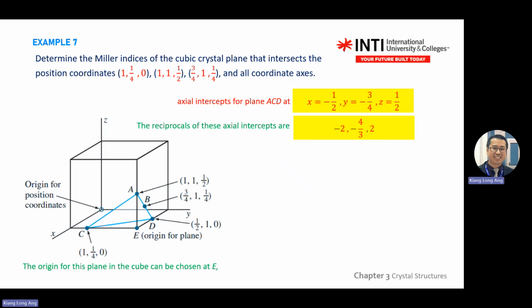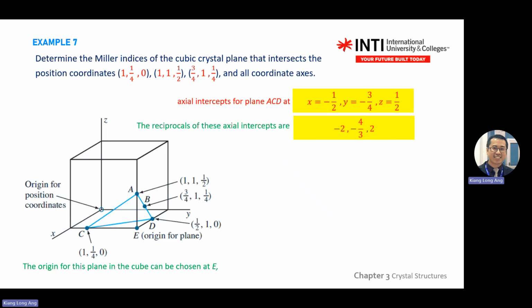So you move your origin to one corner. Then you're able to see the intercepts from this origin. Of course, you can do it from here if you want, but it's better you choose one of the corners. It's the same.